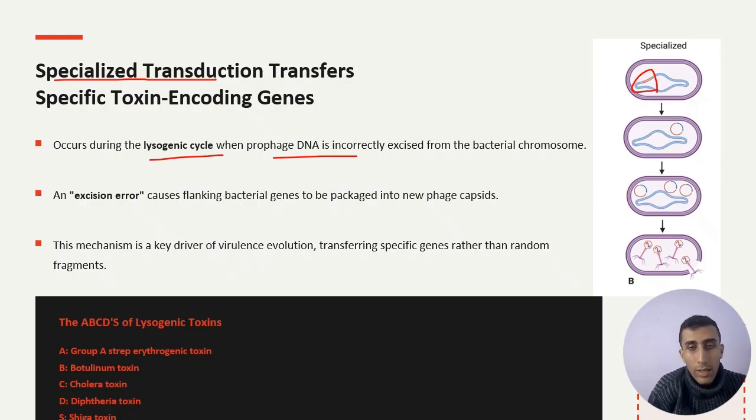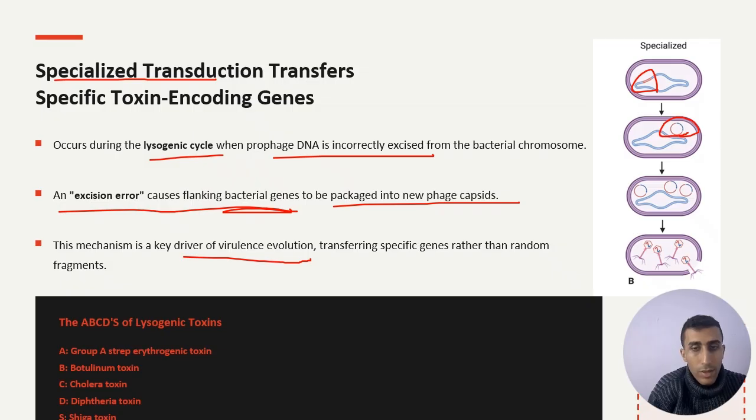The prophage DNA is incorrectly excised from the bacterial chromosome, so it takes some piece of the genetic material of the bacterium, and the excision error causes flanking bacterial genes to be packaged in the new phage capsid. This is a key driver of virulence evolution and the transfer of specific genes, other than the random errors that occur with generalized transduction.